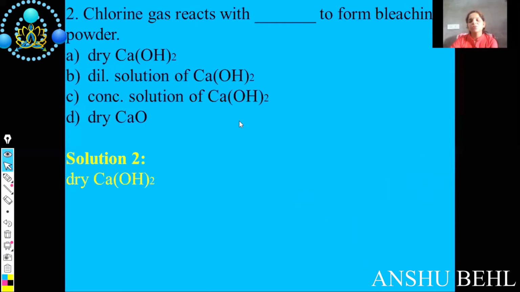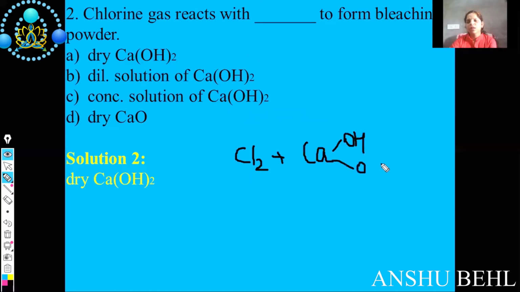Chlorine gas reacts with dash to form bleaching powder. We need to understand what happens here. We are having chlorine gas. It reacts with calcium hydroxide, Ca(OH)2.